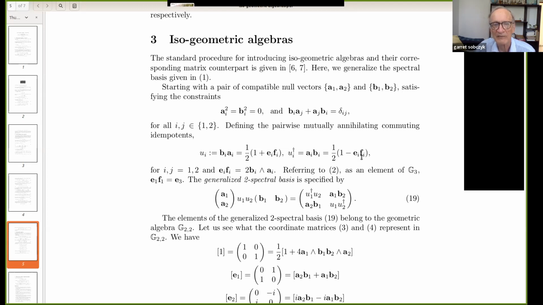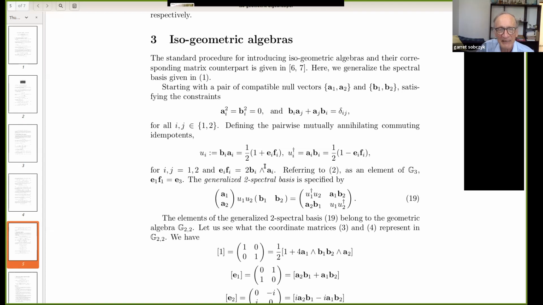Those would correspond to hat elements, but I'm really interpreting this in the new algebra, which is the tensor product of G11 with itself, so it's G11 tensor G11.